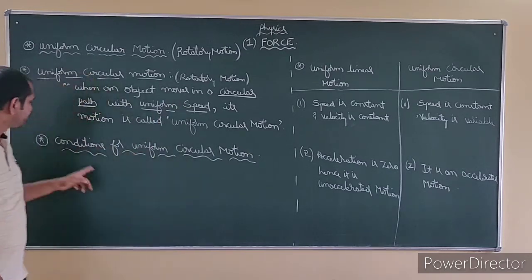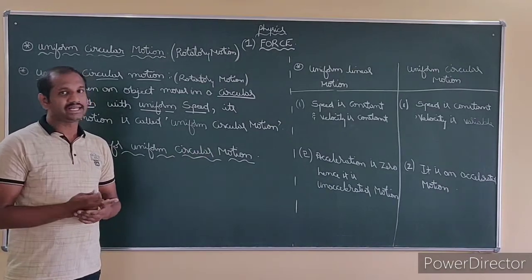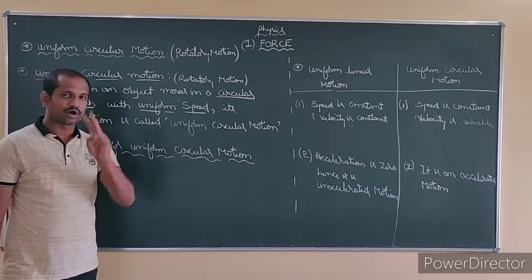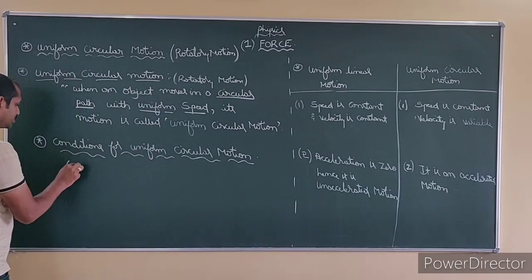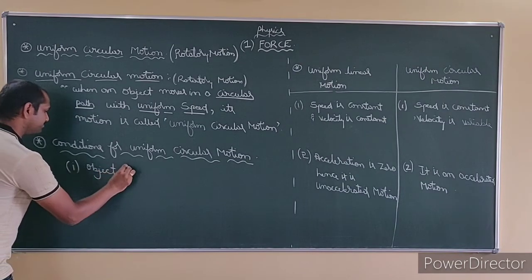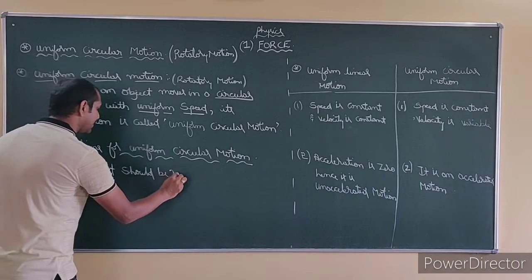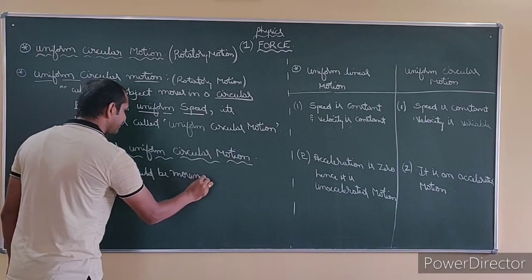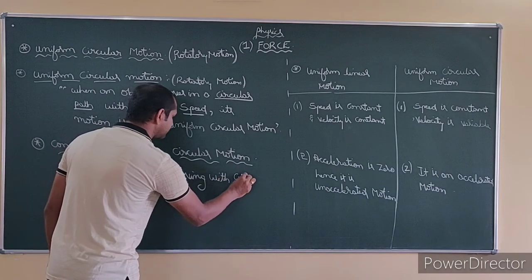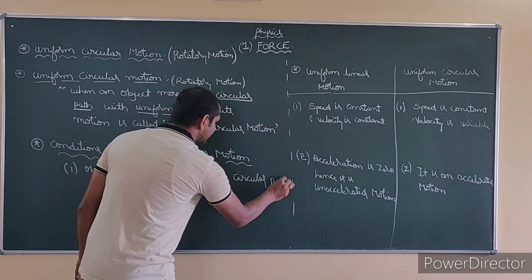Other than the definition, they may ask conditions for uniform circular motion, or what is the criteria for an object possessing uniform circular motion. Always remember there are two conditions. First one, the object should be moving in a circular path. Very important. So this is the first condition.